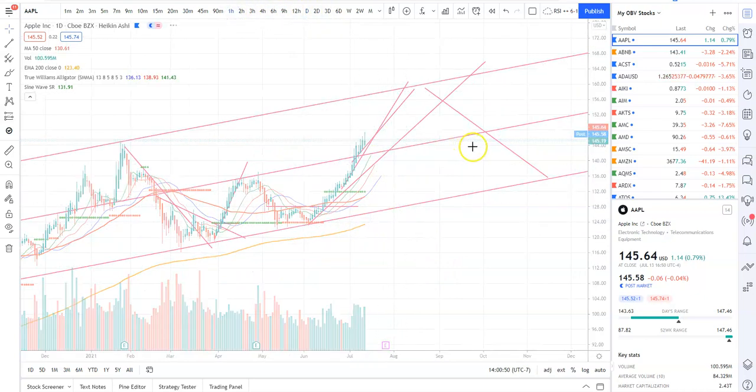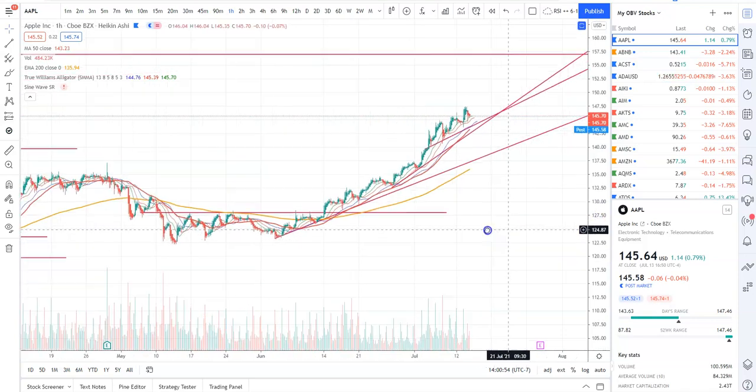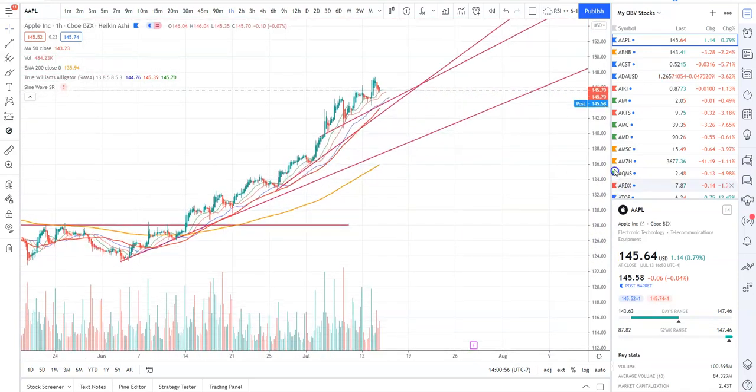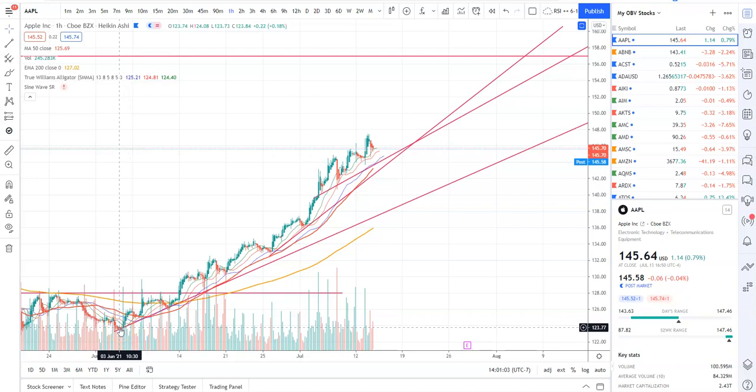Let's dig in here to the shorter time frame, the 1 hour. As you can see, these were the three main trend lines I had in place last time. One at the initial starting point around June 3rd. Then you have three little touch points here, about three touch points in total.